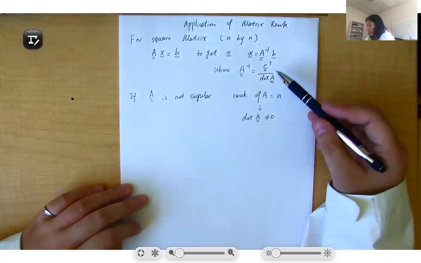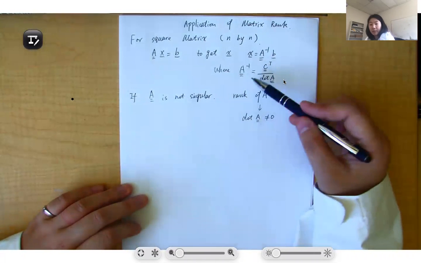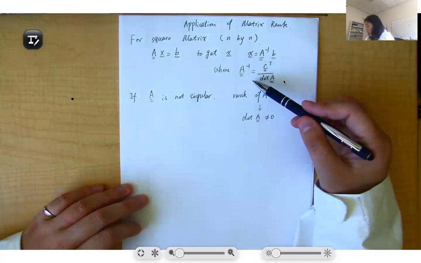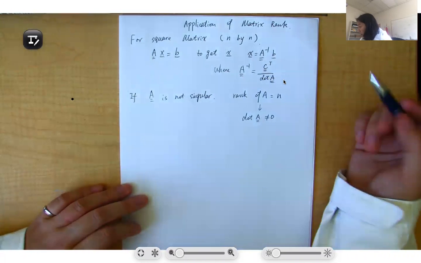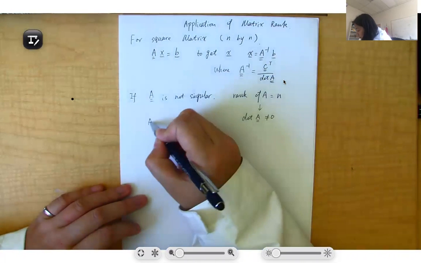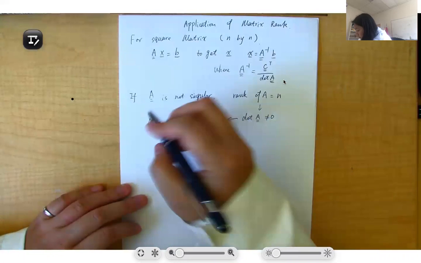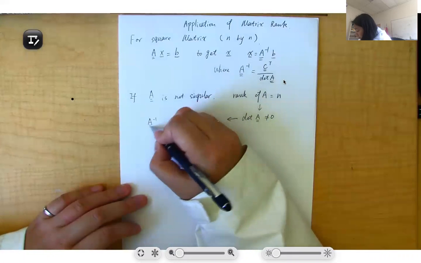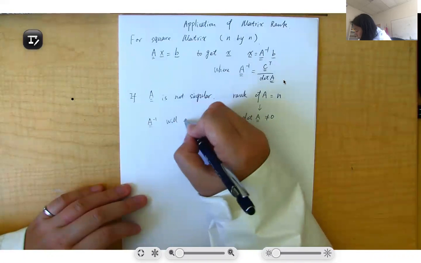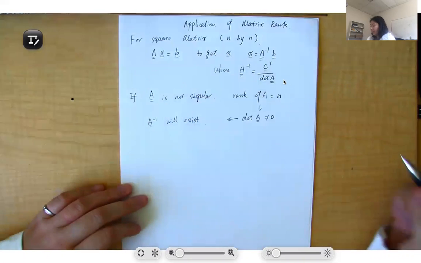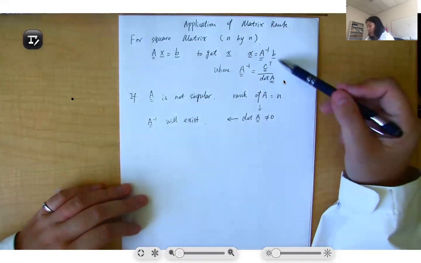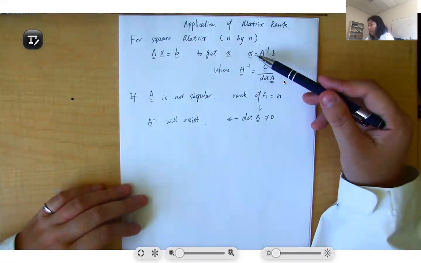So the A inverse matrix will exist, right? In that sense, you know A inverse, you know B, then you know the solution set.